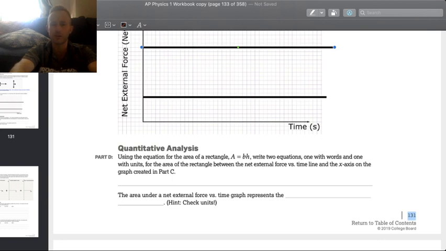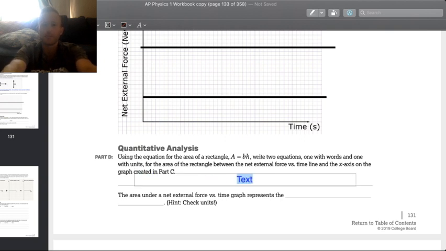Use the equation for the area of a rectangle. Write 2 equations, one with words and one with units, for the area of the rectangle. So you might recall that the area under an F-T graph is called impulse.